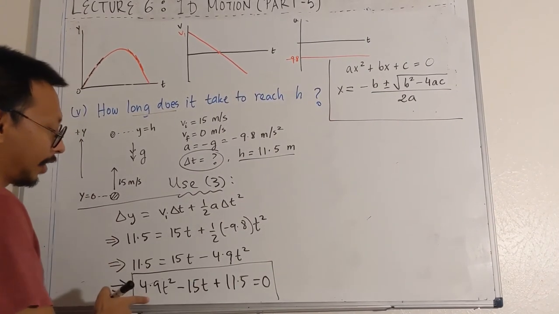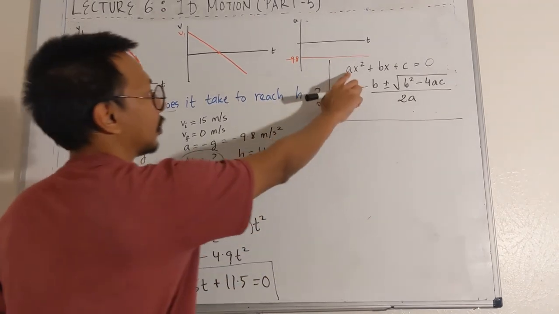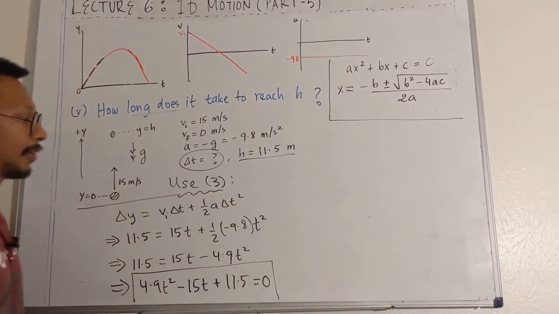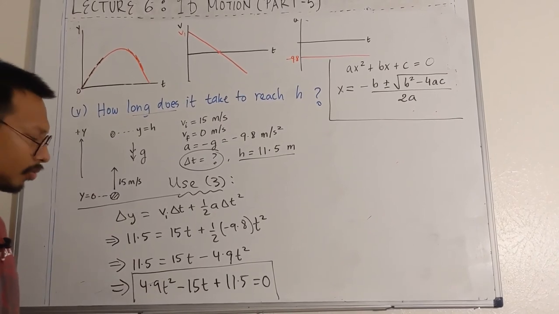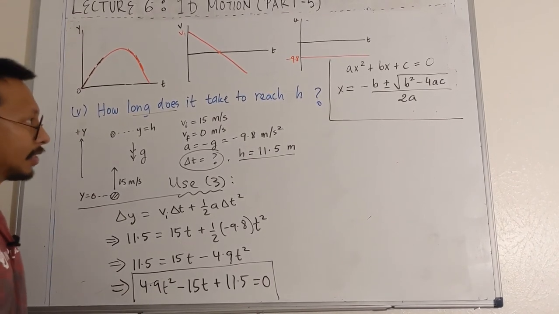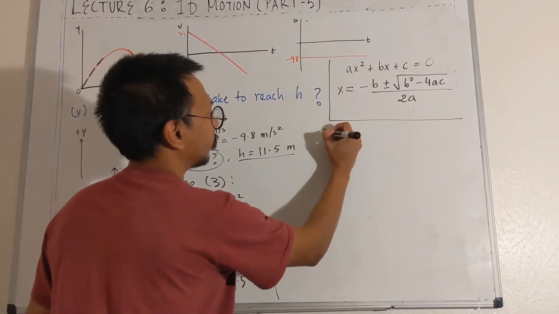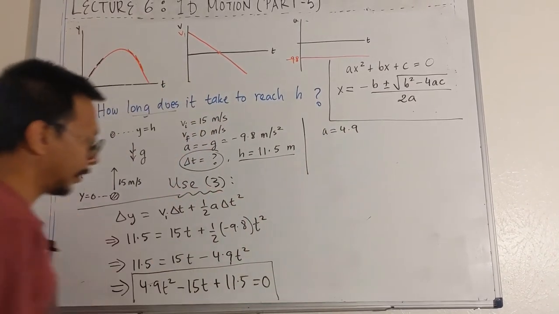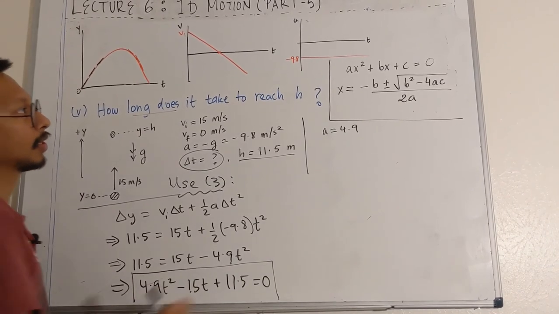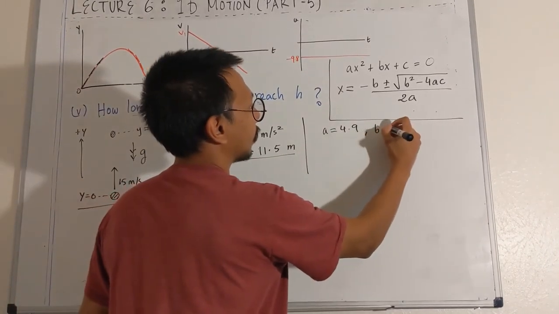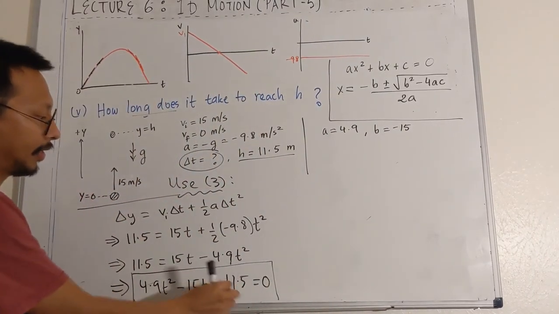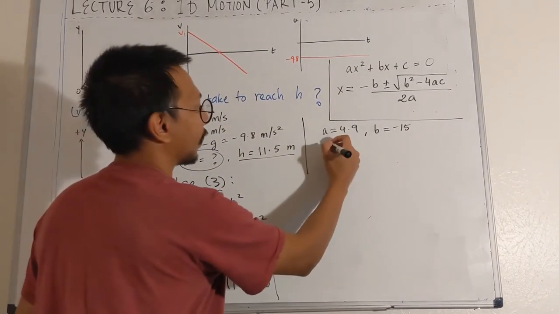Now let's compare this equation to that equation. What is the coefficient of the squared term? Here the square is t squared, so a is 4.9. b is negative 15, the coefficient of t, and c is positive 11.5.